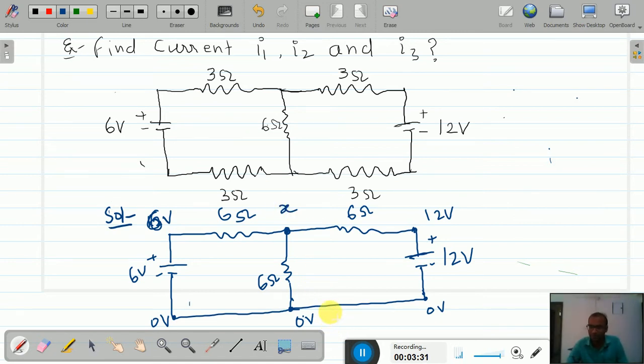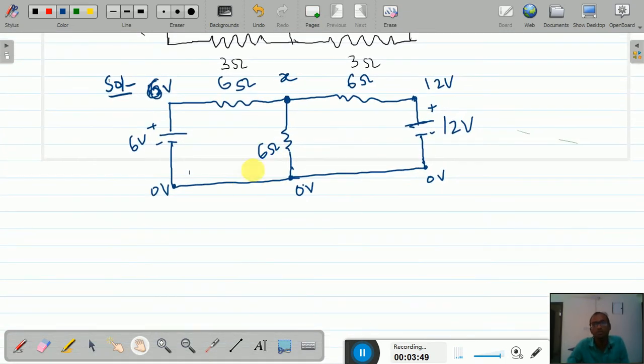Okay. So this is the junction point, on which the sum of currents approaching this point and going away from this point will be 0. So you can apply KCL at this junction point.